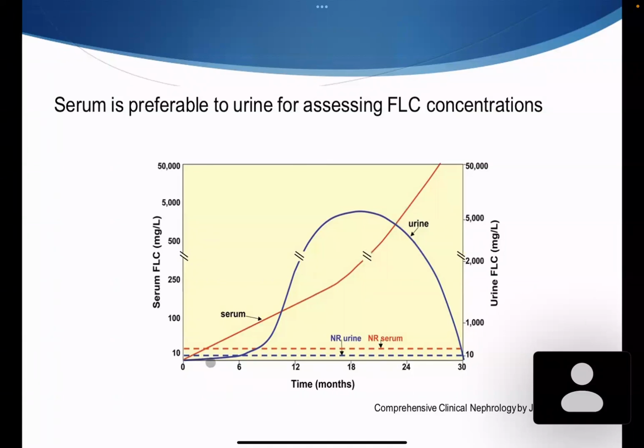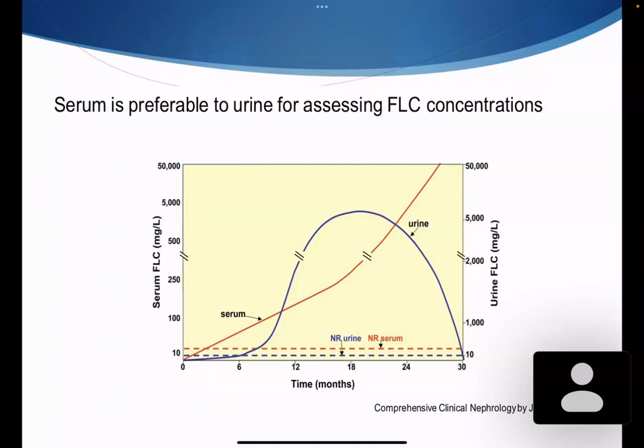In the urine, it appears somewhat later, maybe a couple of months or 4 months later than in the serum, and it peaks, yes, but it then starts to disappear, whereas the serum protein electrophoresis or serum free light chain is still rising. So they may not be apparent in the urine.